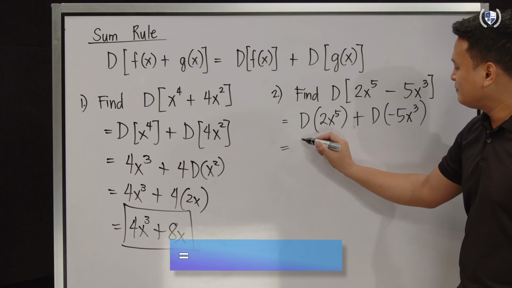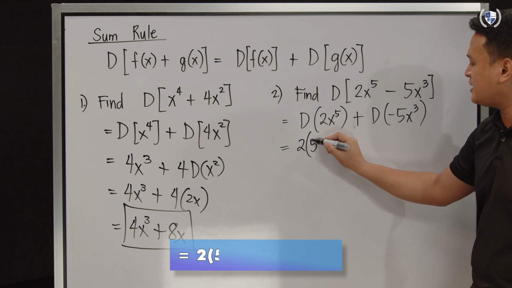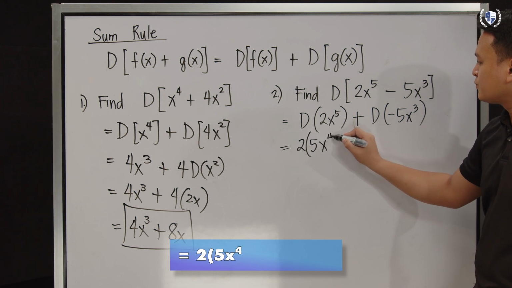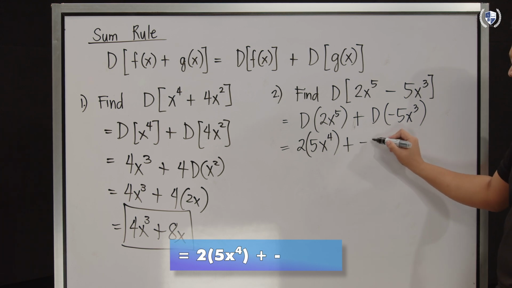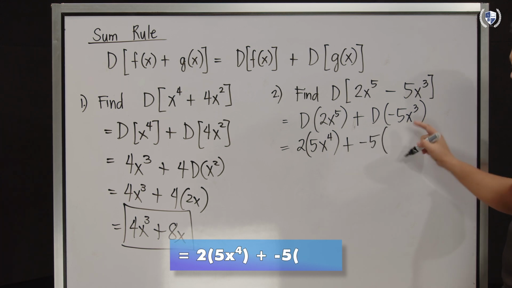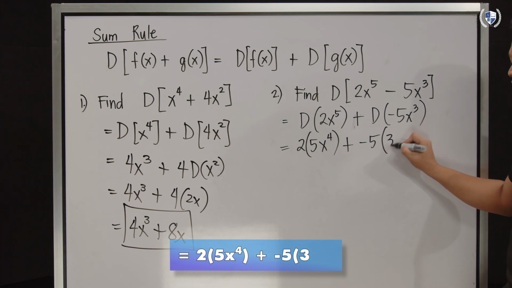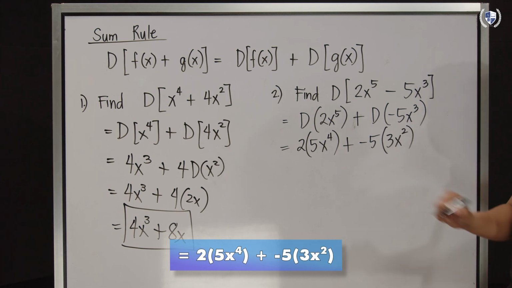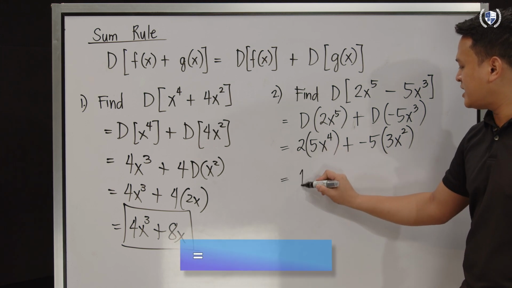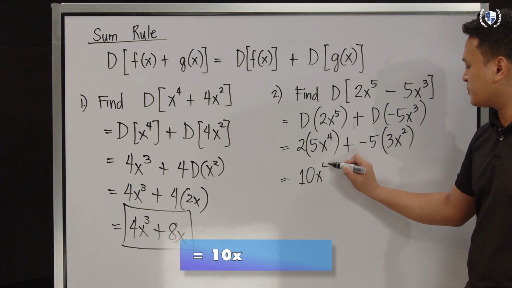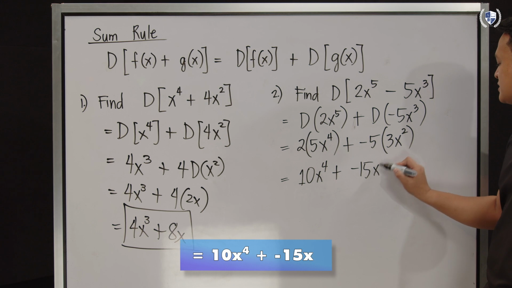So, we'll have 2 times, ang derivative ng x raised to 5 is just 5 times x raised to 4 using your power rule plus negative 5 times derivative ng ating x cubed, that would be 3x squared using your power rule. And then, simplifying, you'll have 10 x raised to 4 plus negative 15 x squared.